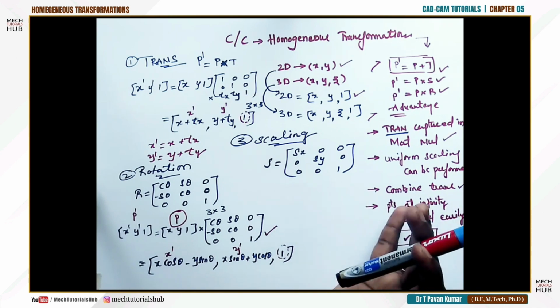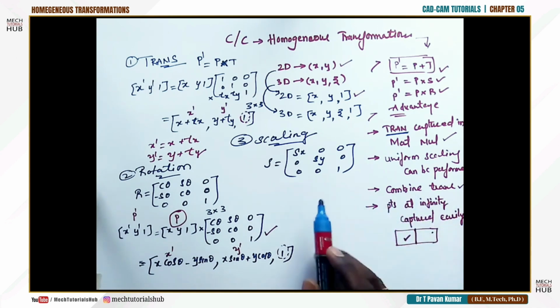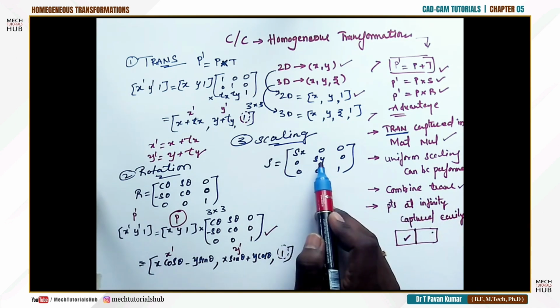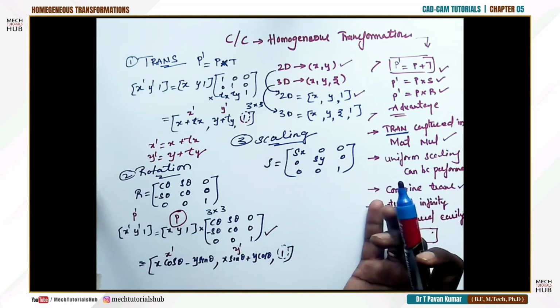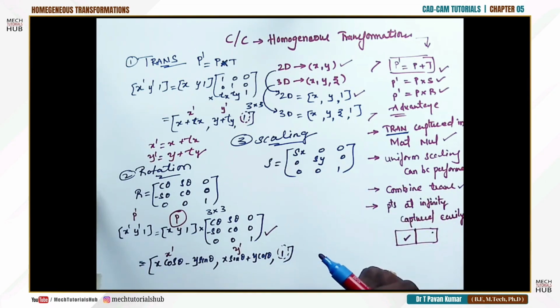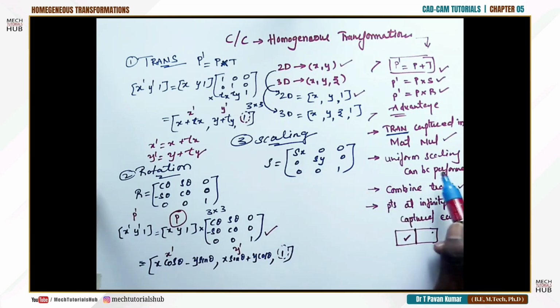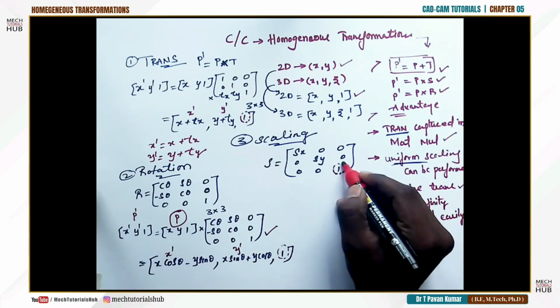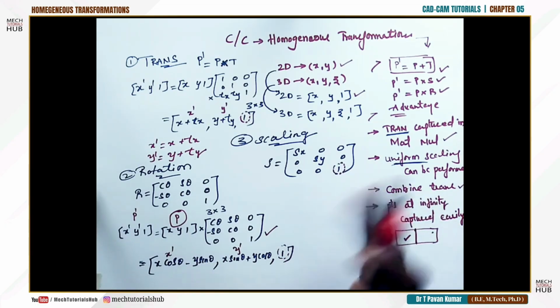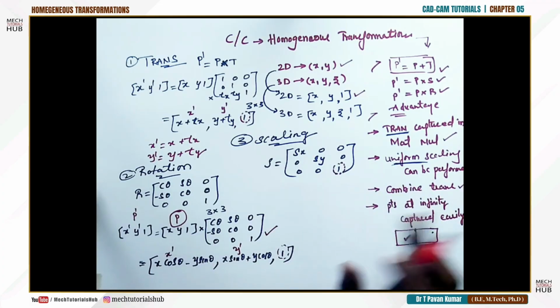Similarly, if you give the same number, it is going to be uniform. If you want to make the entity uniform, there is no need to change both Sx and Sy. A uniform scaling can be done by changing a single entity. If you change the number here, the entity size is going to be uniform. A single number can make it uniform. That is the flexibility.